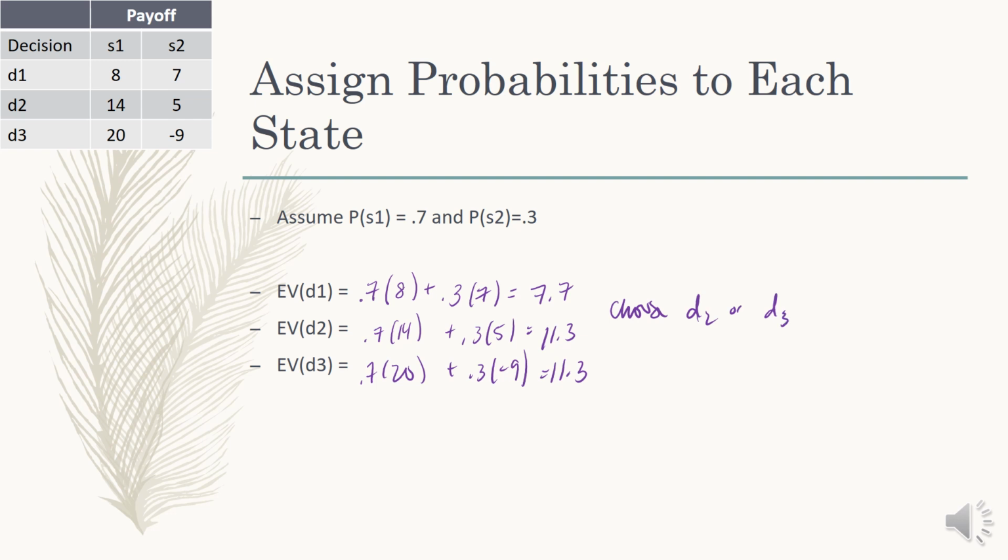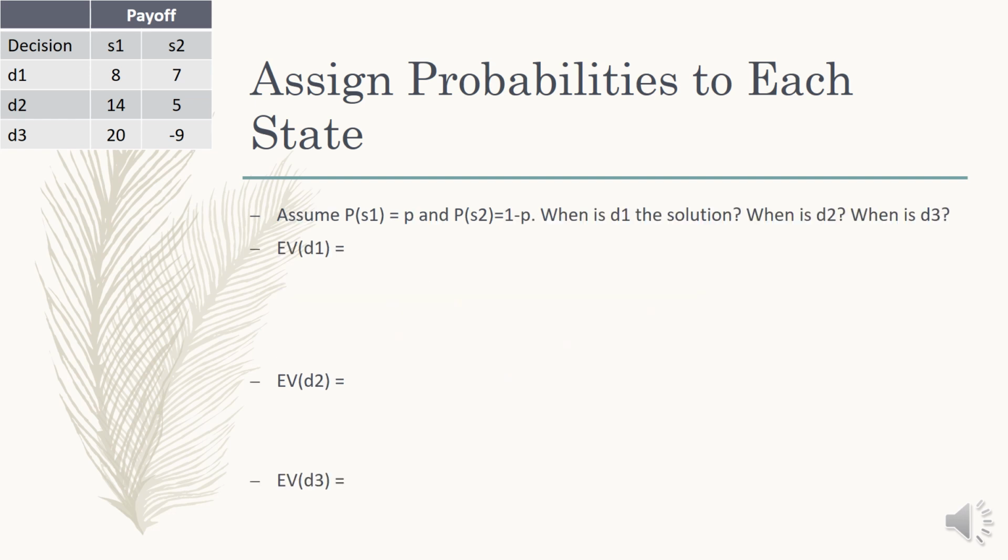But just changing the probabilities makes it completely different. Just going from 0.8 to 0.7 on that demand for a strong state changed it to not just be D3. Now you have a choice. But the question is, let's say that you don't know the probability.